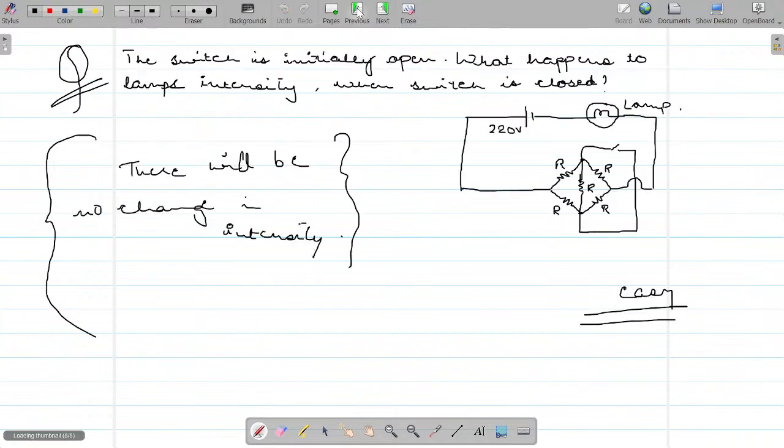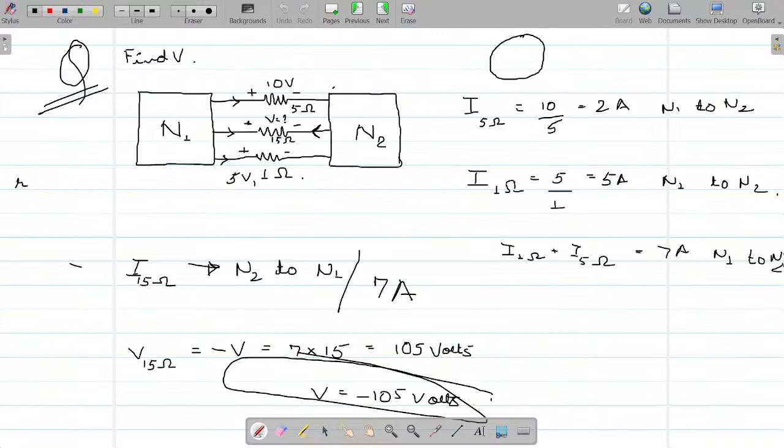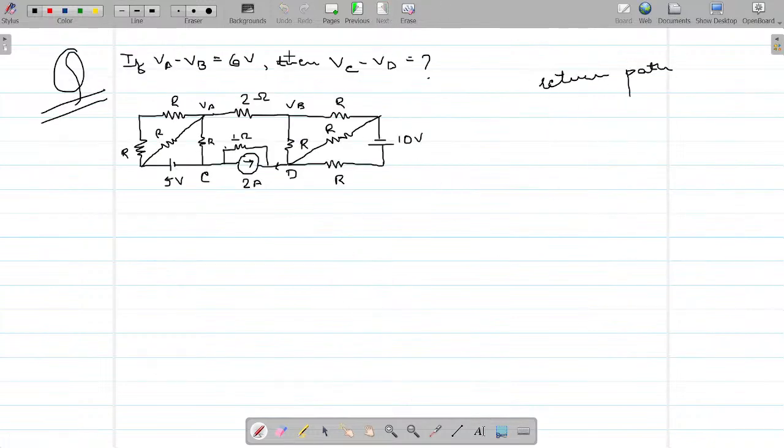What did we utilize in this question? The concept of return path, right? So if two branches are taking current from N1 to N2, there should be some return path and it will carry an equal amount of current in return, right? That is what we exploited. This is the fact that we exploited and we found out our answer. Can you use a similar analogy in this network?